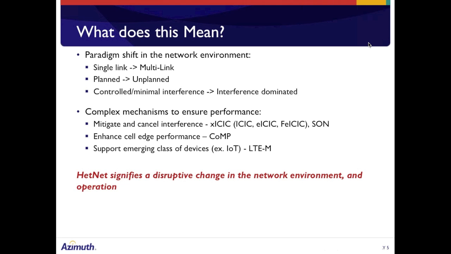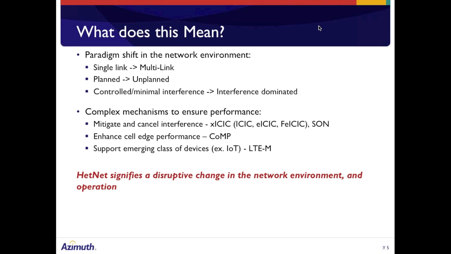So how do we do that these days? Well, with the emerging mechanisms in LTE, we've got this thing called ICIC, which is fun to say, but it just means inter-cell interference cancellation or control.